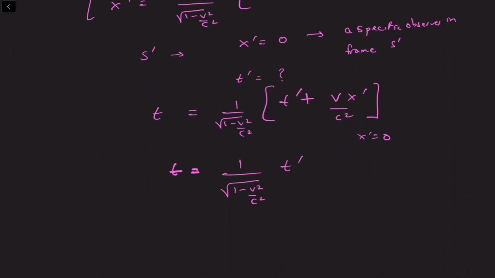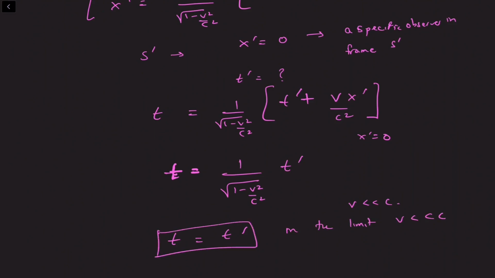This is an exact relationship. However, if we go to the limit that v is much, much less than c, then that gives us t is equal to t prime in the limit v much, much less than c.